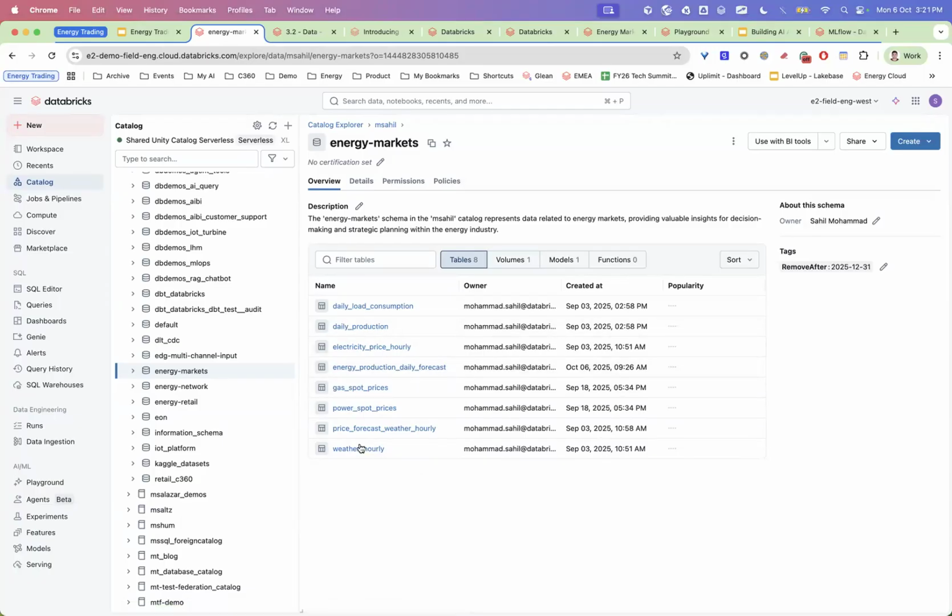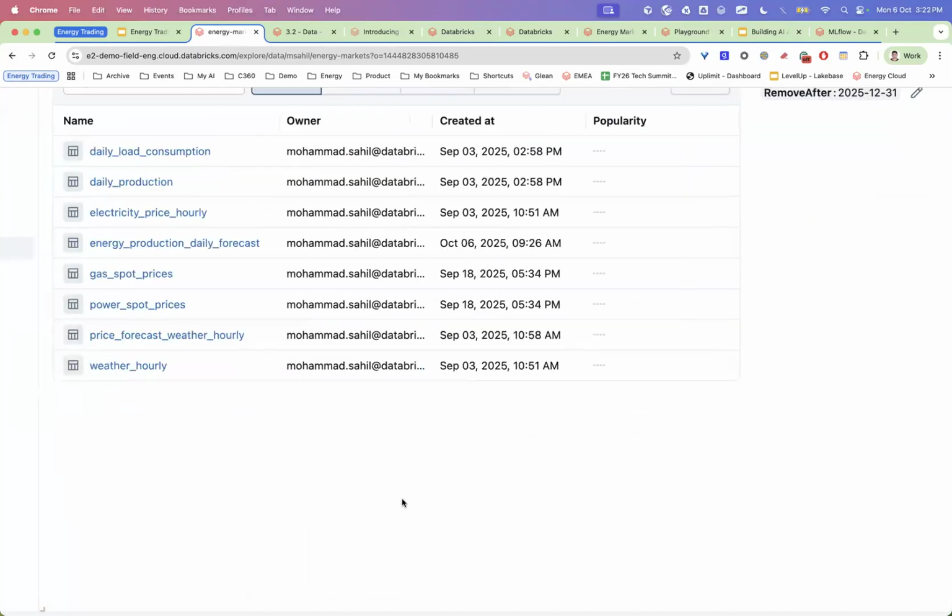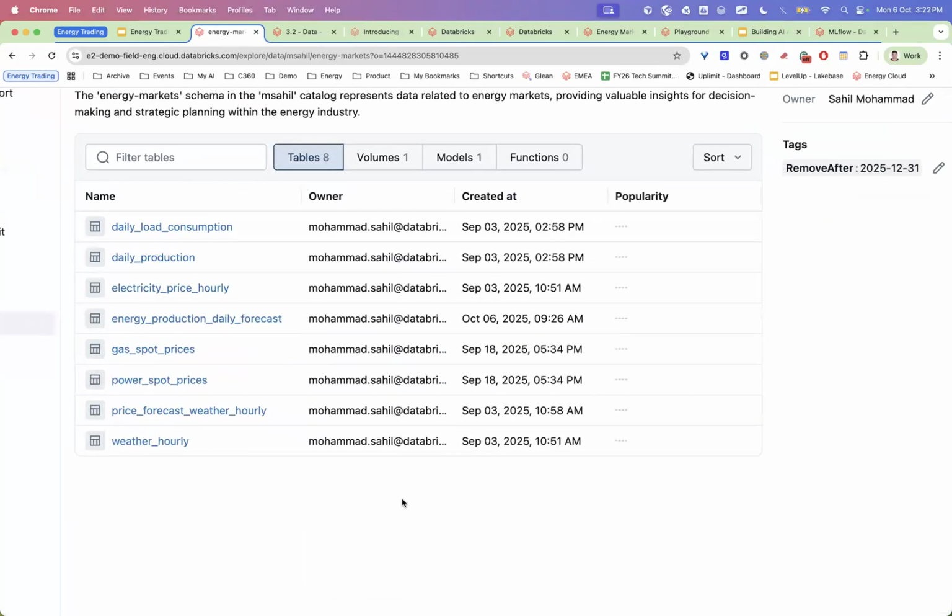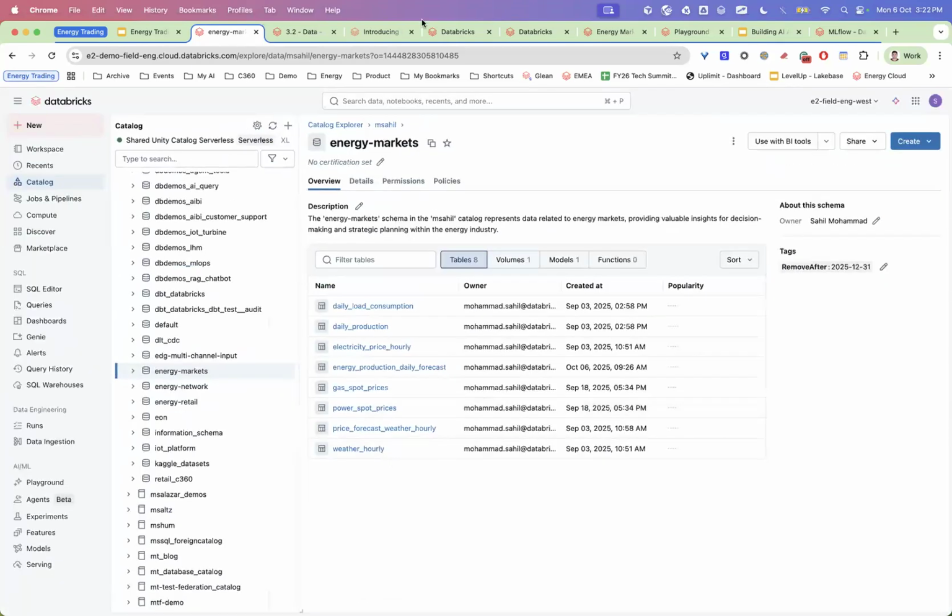So you might have hourly weather data, electricity pricing, production data, forecasting. Everything is available and you can govern this with Unity Catalog. That's where everything lands and then you can use it to build these solutions. That's one part of it.